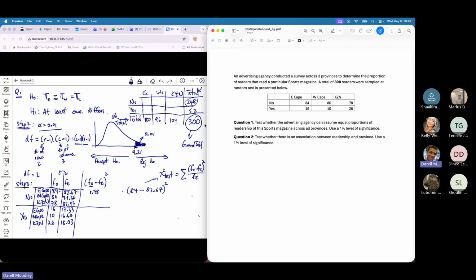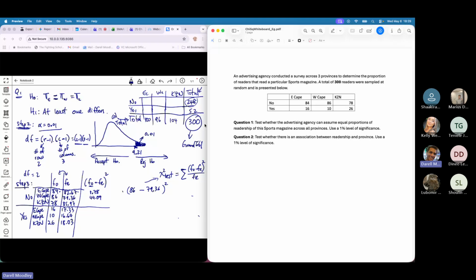The next row is exactly the same thing, except the values are different. The f naught value is 86, and the fe value is 79.36. I place it in brackets, I square it, and then I get the value, which will be 44.09. So you get the idea.